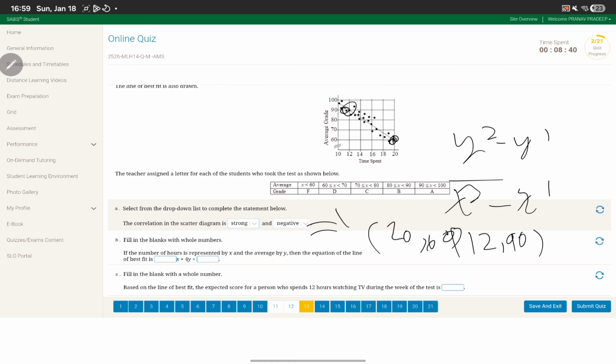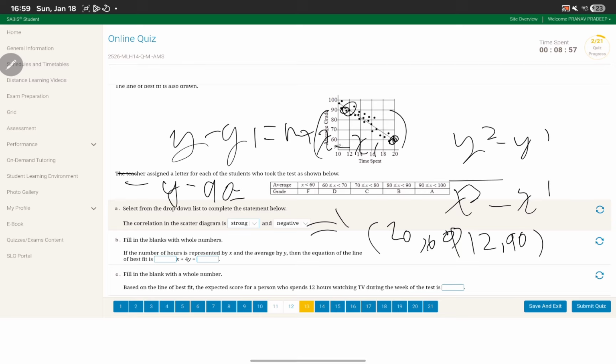So if you put it in the form of the equation y minus y1 equals m times x minus x1, you're going to get y minus 90 equals, and then you find the slope.